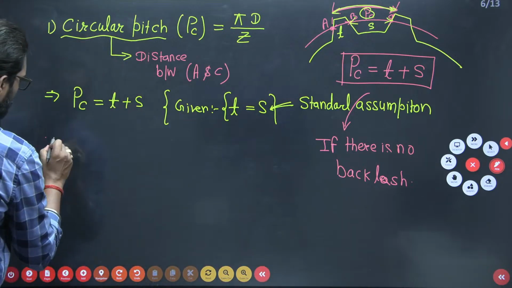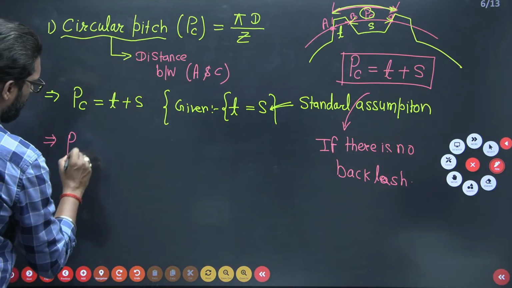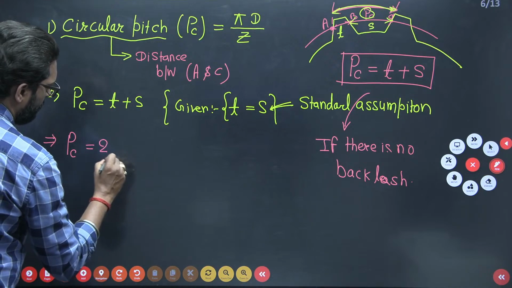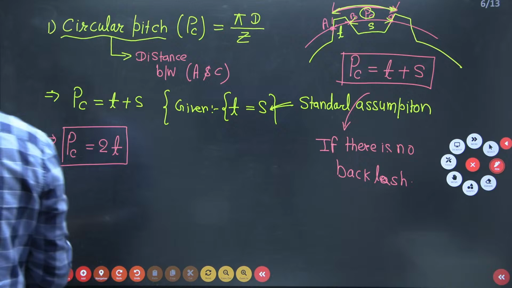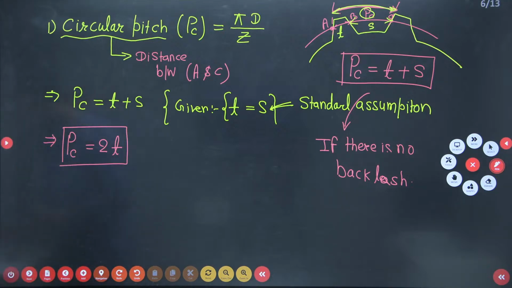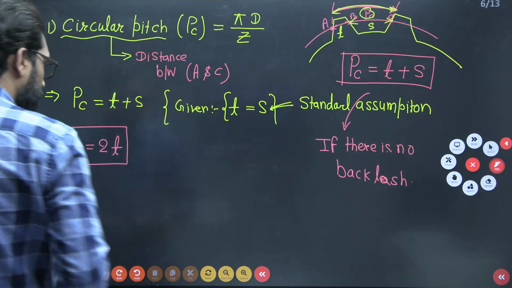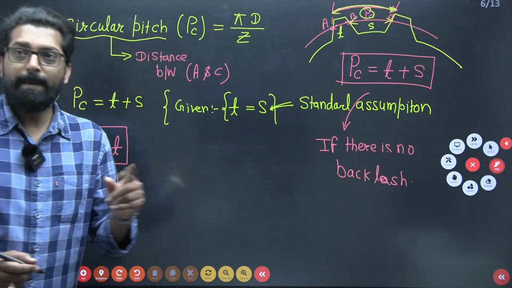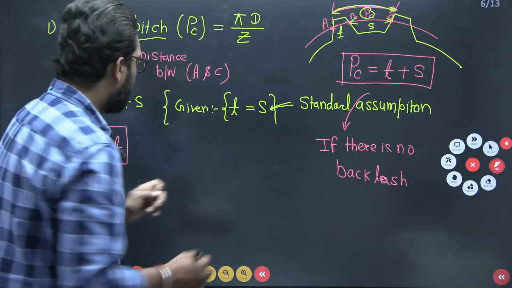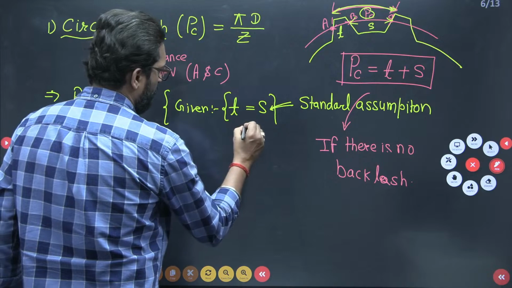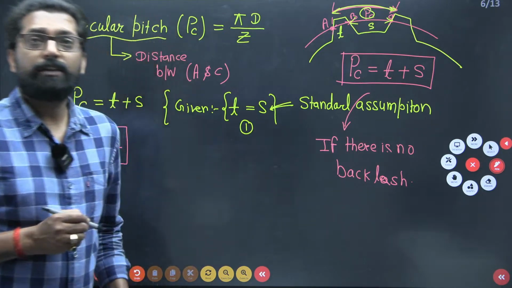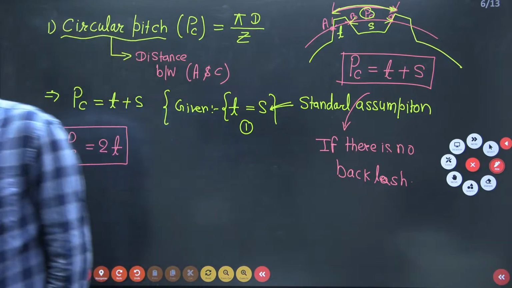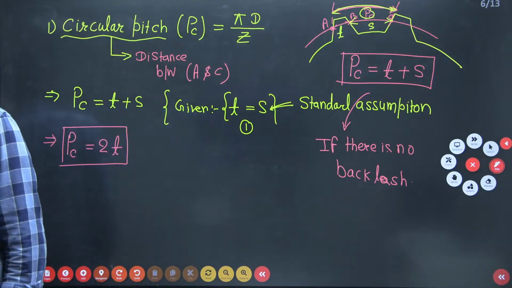That means from this one, circular pitch is equal to 2 into T. 2 into T. Clear? Now, see my dear, this is the first assumption you have to make while designing. The second assumption is that there is no addendum value given.